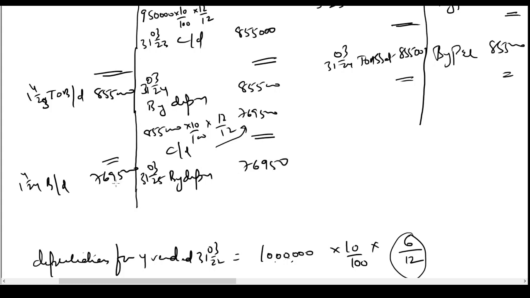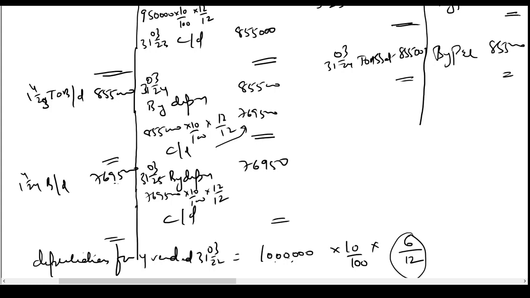Now 31st March 25, by depreciation would be 76,950 rupees, 10% of the opening balance. 7,69,500 into 10% into 12 by 12. Balance carried down. The balance left would be 7,69,500 minus 76,950.